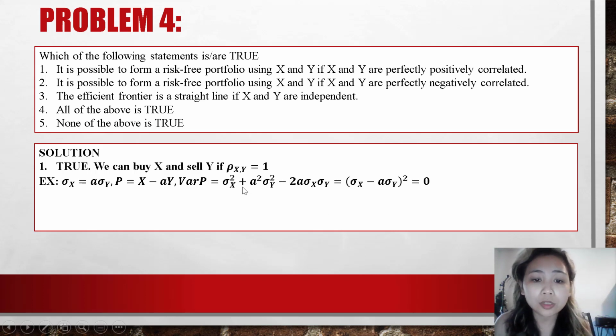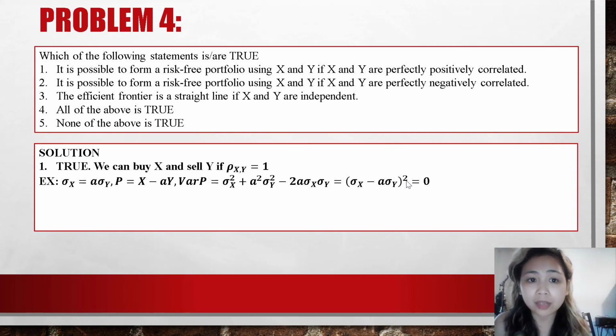And now we just have to simplify it to be (sigma X minus A sigma Y) whole thing squared. This is the formula of square of differences. And since sigma X is equal to A times sigma Y, this term is 0, right? That means the variance of this portfolio is 0.